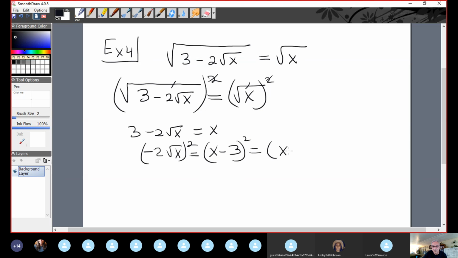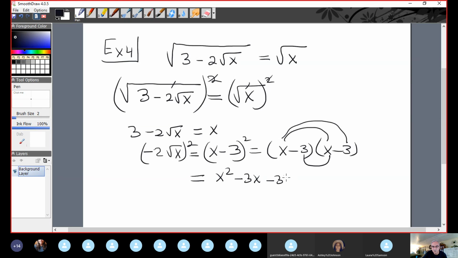This is x minus 3 times x minus 3, and you expand this. In the right hand side, we have x squared minus 3x, minus 3x again, plus 9. Combining like terms, x squared minus 6x plus 9 is the expression in the right hand side.